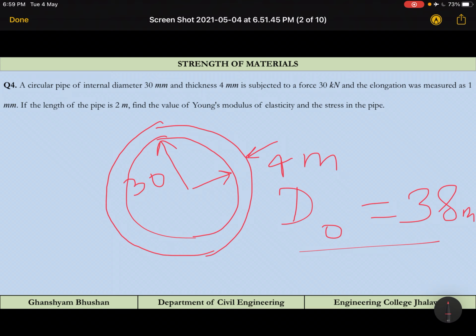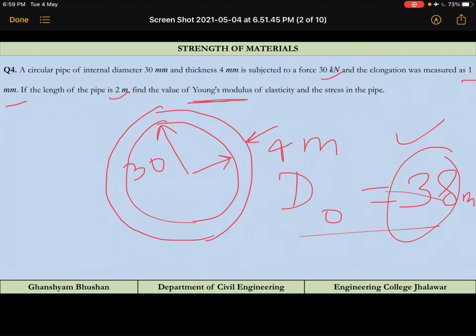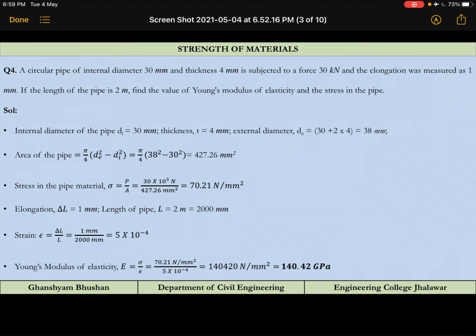For stress we need to have the cross sectional area, which from the diameter we can calculate. Load is already given, so in PL by AE we have P, length is given, area we can find from here, and E we have to calculate. We have been provided 1 mm as deformation. So it is quite an easy problem. Let us see how we are going to solve this.